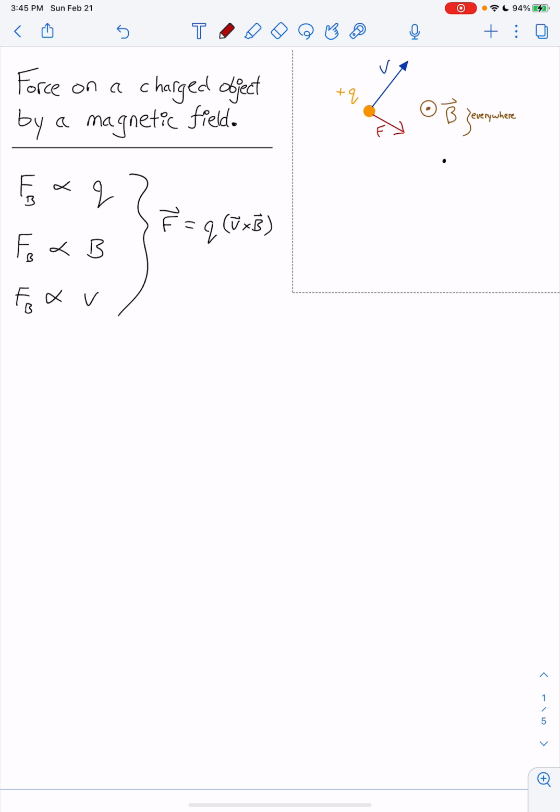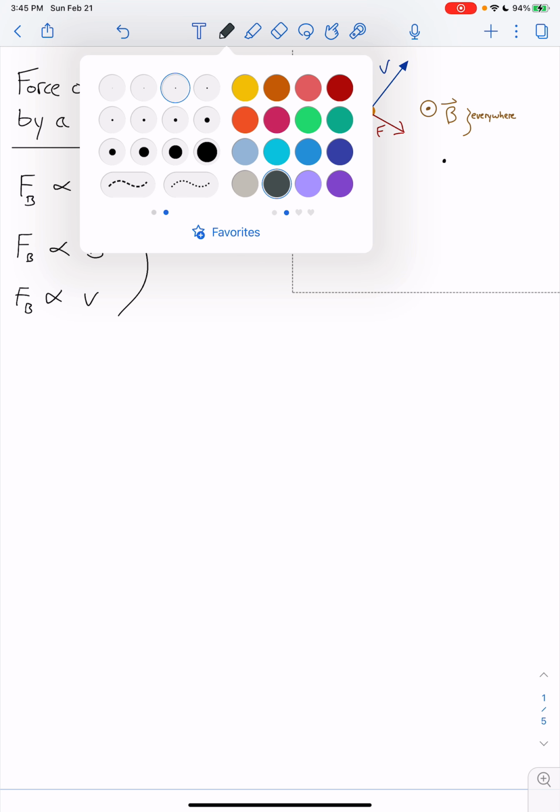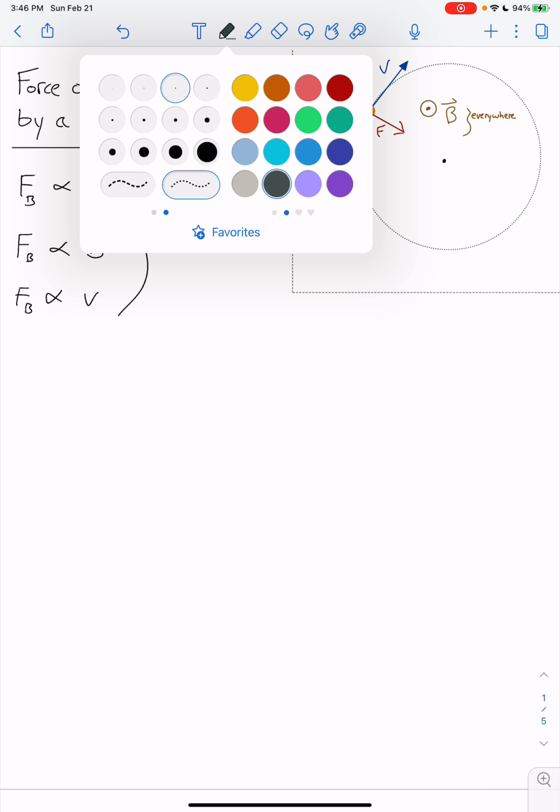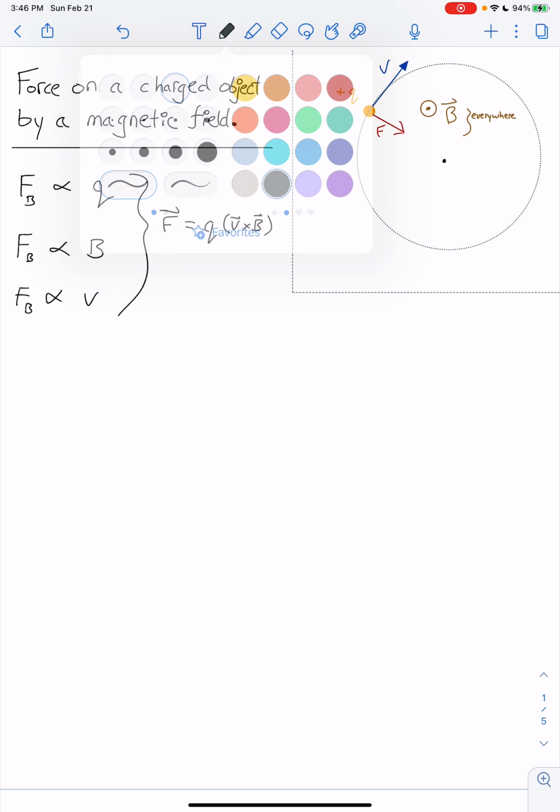So it's experiencing a force in that direction, and because it is at 90 degrees to the current velocity, it's not going to speed it up, but it is going to change its direction. That direction is going to be steadily changed such that it travels now in a circle, and that circle can be described in terms of its radius.